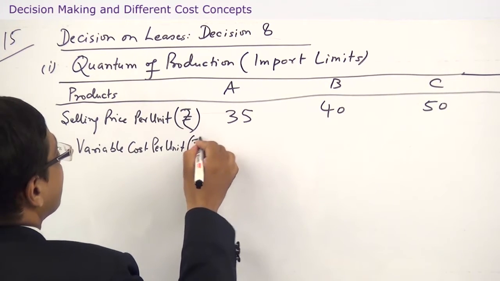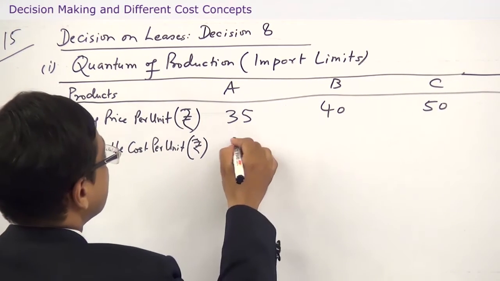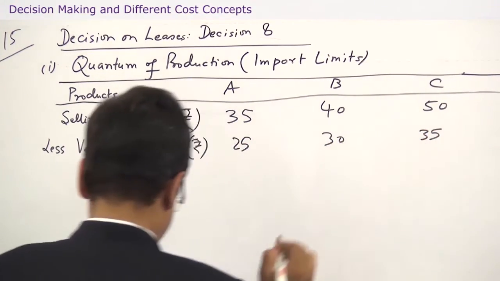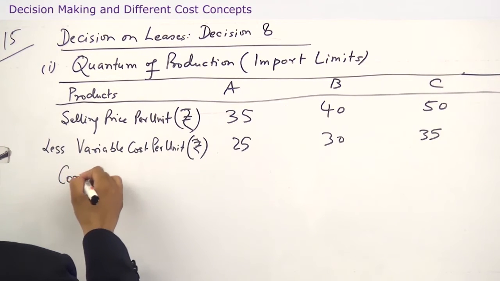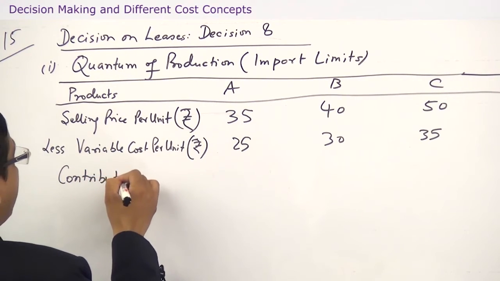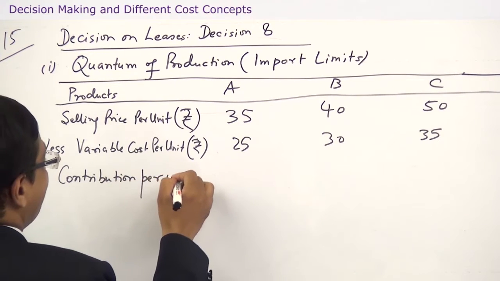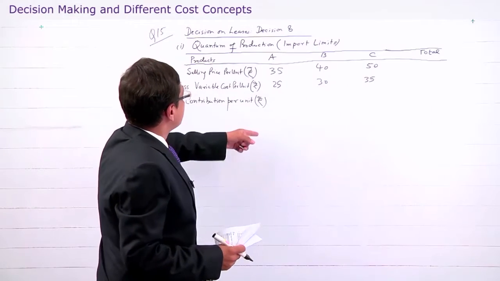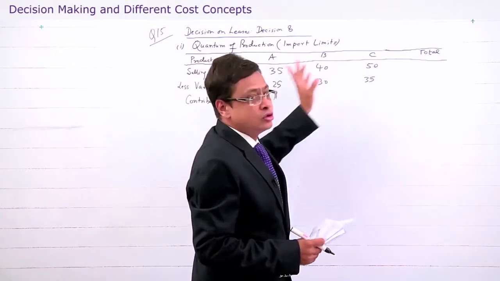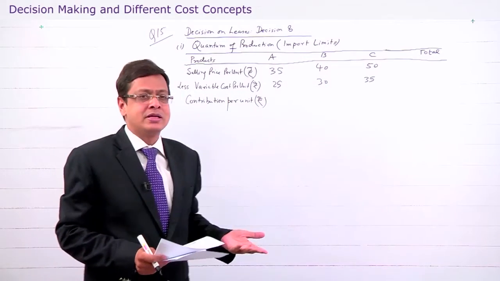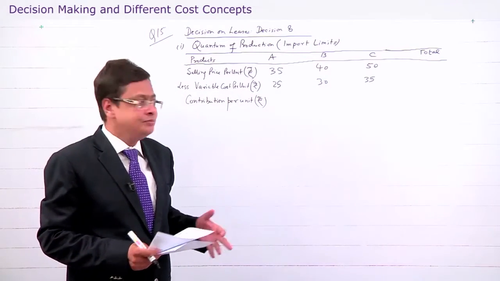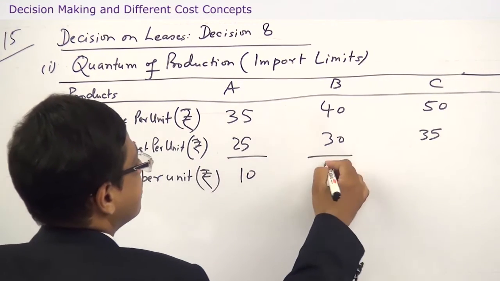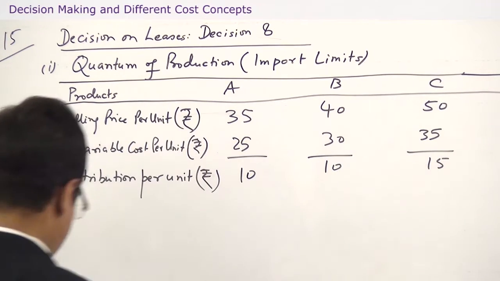Again, this is given at 25, 30, 35. So contribution per unit in terms of rupees. You can keep this rupee column here also, so that you need not repeat. So it's the style of presentation you have to develop in the exam. So this is going to be, if you subtract, 10 rupees, 10 rupees, 15 rupees.